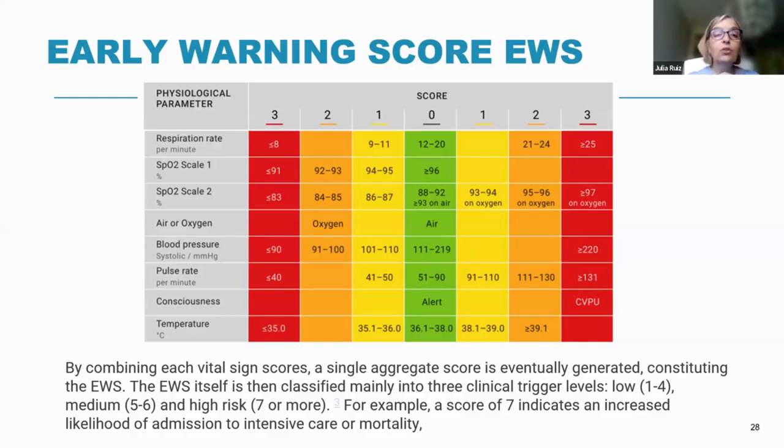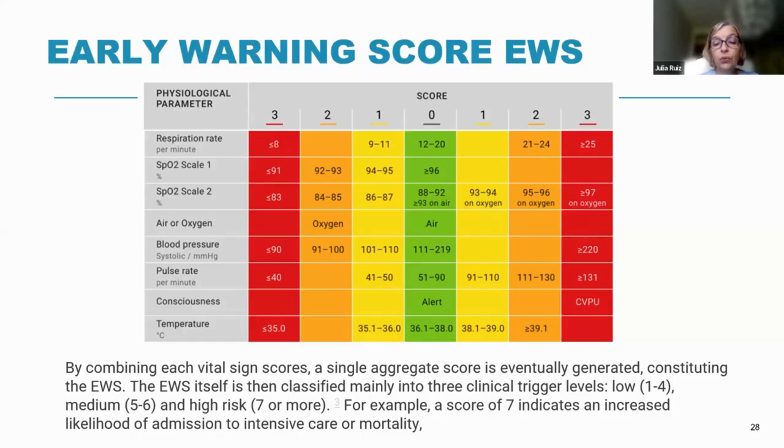We are going to check the respiration rate, the oxygen saturation, whether the patient is on air or on oxygen, blood pressure, pulse rate, consciousness, and temperature. By combining each vital sign score, we generate a total score, and this is the early warning score.